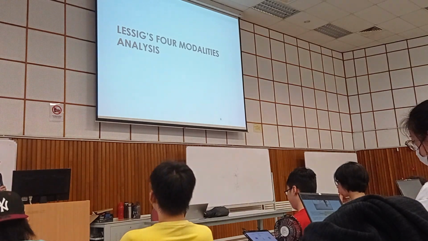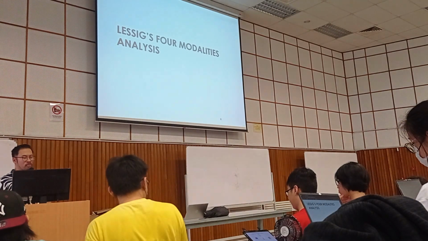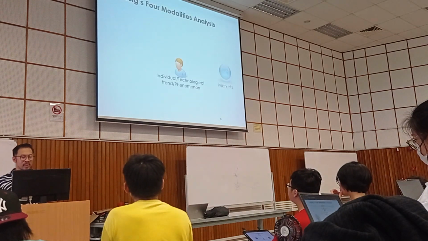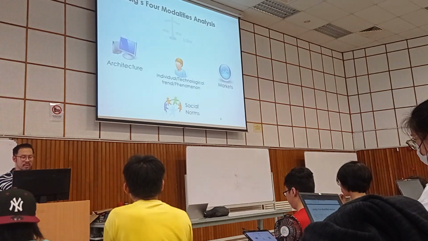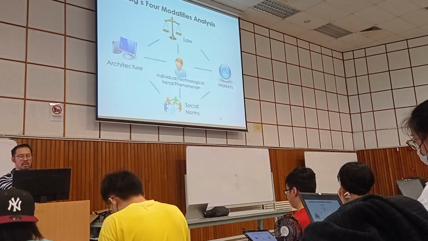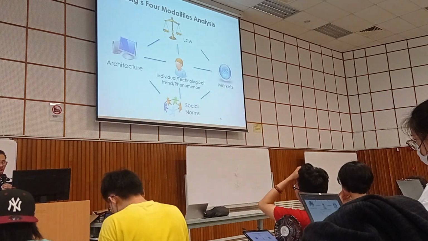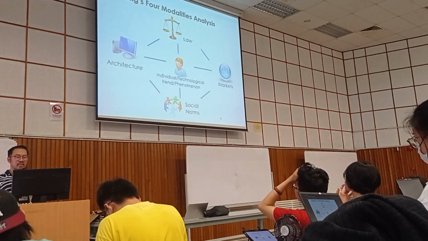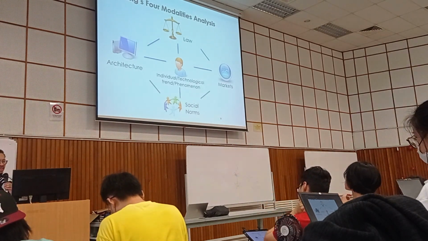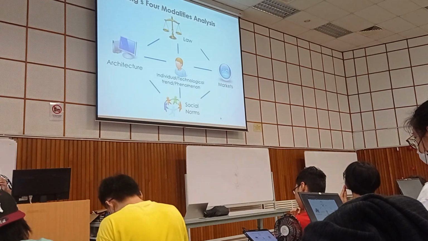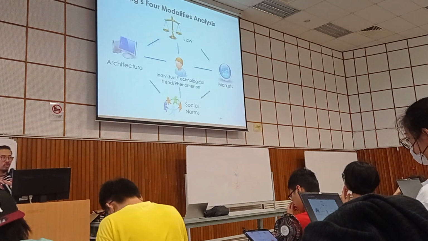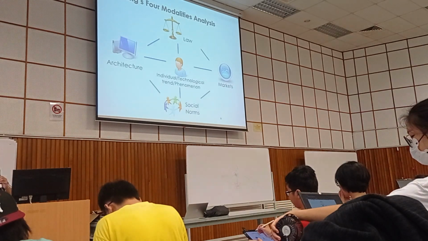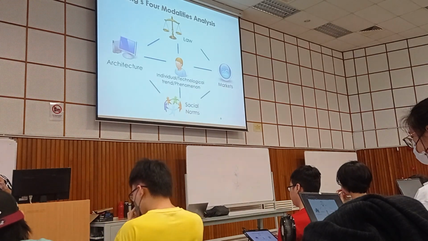So theoretically, if you look at these four modalities or models of analysis, we look into law: rules, regulations, things right or wrong. The architecture: when you have a system, you have the infrastructure or application, how you organize it, and so on.